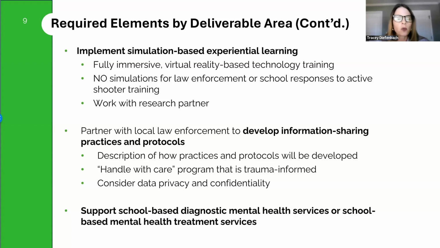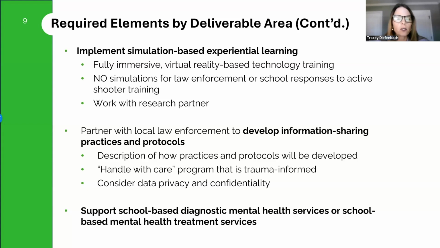Your narrative should describe a plan to develop practices and protocols around the sharing of critical information. What type of system will be used? The communication plan, including protocols for notifying parents, staff, and others, as well as ongoing communication and collaboration between the school and local law enforcement. Important things to consider here, again, are data privacy and confidentiality protocols.